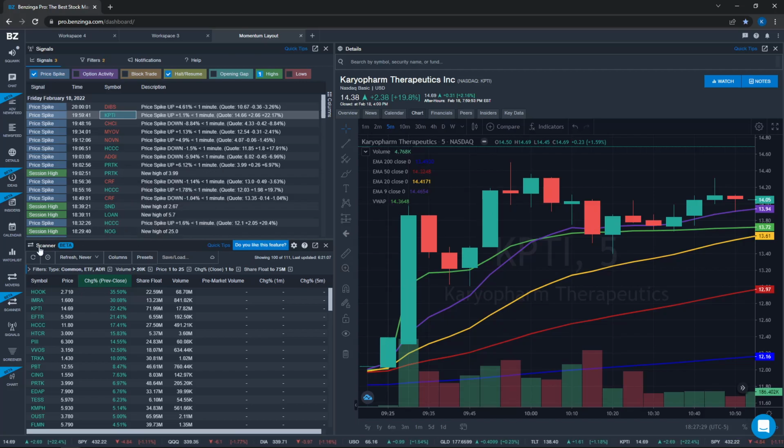So on the left side, the scanner, let's look at the filters we have set here. We have common, ETF, or ADR, which is just automatically set, so I didn't set that. But I have the volume set to at least 20,000 shares. The reason for this is because it's mostly in the morning.